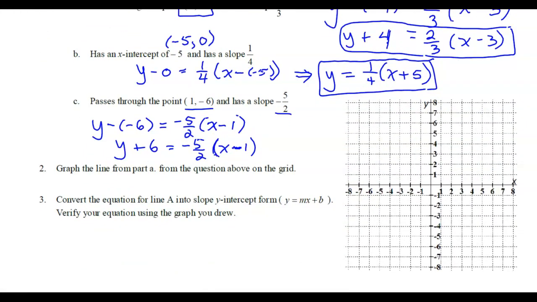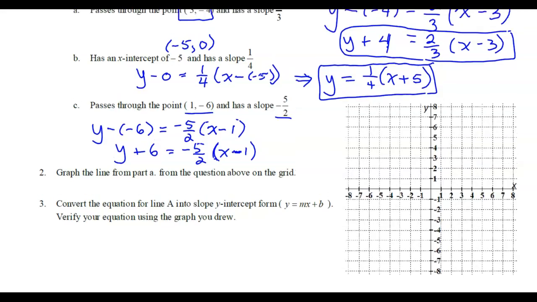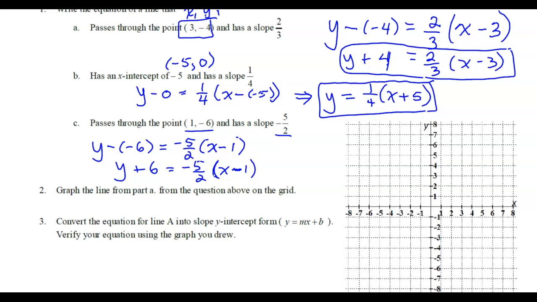Then it says graph the line from part A on the grid. So it says passing through the point 3, -4. So we did this in the work last week, right? So you plot 3, -4, slope of 2/3, go up 2 to the right 3. If you run out of grid space, then go the other way.